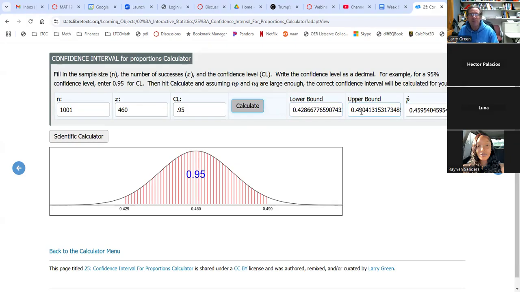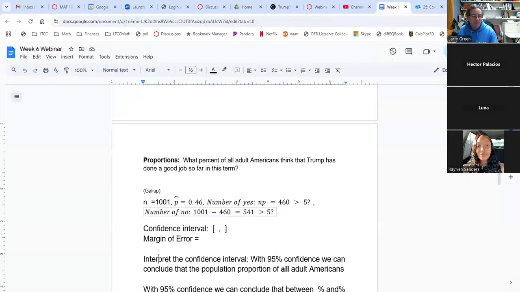Our upper bound is about 0.49. And you can see the picture of that. Any questions on this? So 0.43 and 0.49. That's our confidence interval.